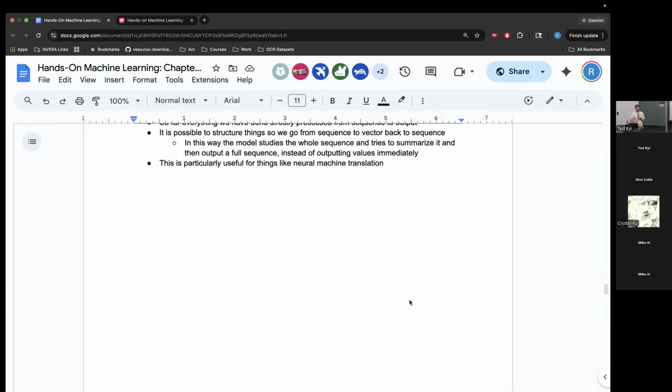So this showed to be very, very powerful in neural machine translation. If you wanted to translate something automatically from English to Spanish, for example, it's very difficult for a model to just look at it one word at a time and translate each of these words as they come, because it actually needs more context than that. It might need to read the entire sentence in order to do a full translation of it.